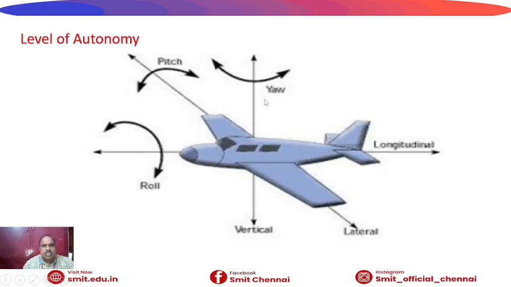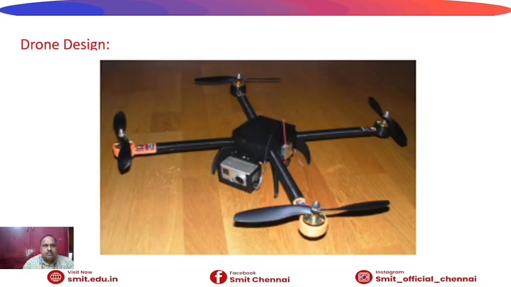Here are pitch, yaw, and roll. The vertical direction is the yaw, the lateral direction is the pitch, and the roll is the longitudinal direction, which are the flying terms, as well as the level of autonomy I have shown here. And this is the drone design.